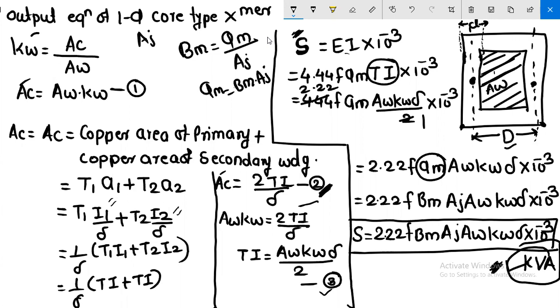The output equation of single phase core type transformer and single phase shell type transformer is same.